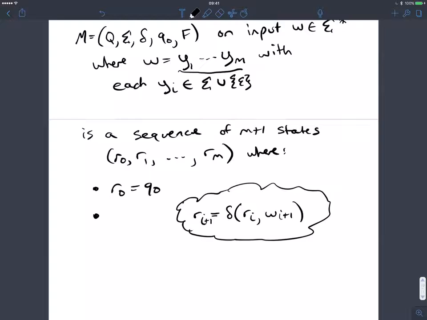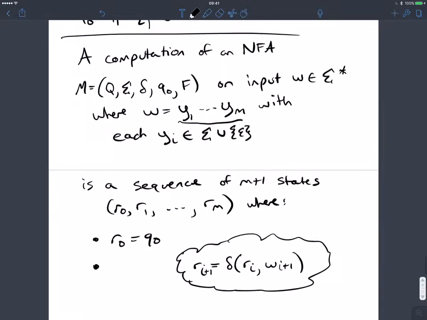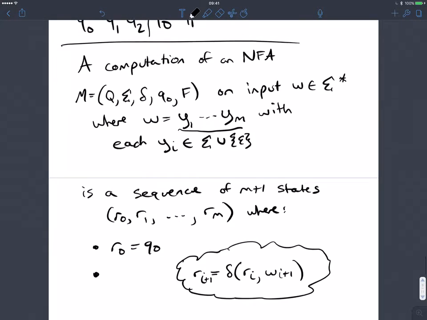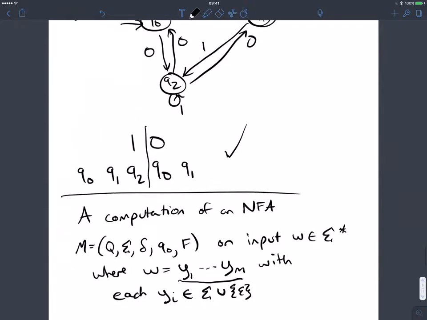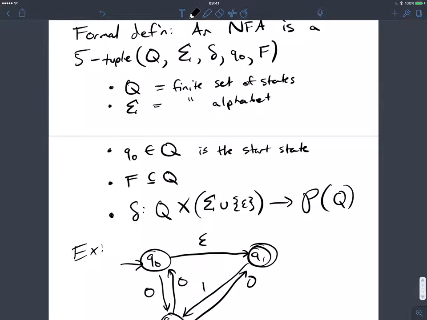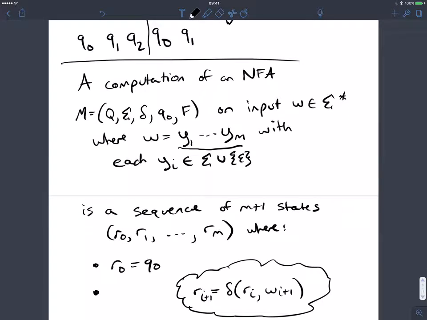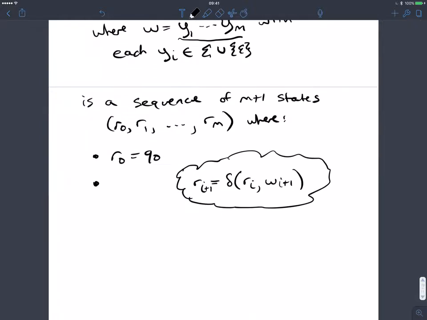It's not deterministic, but more importantly, what does the transition function output? So we'll go back. It outputs an element of the power set of Q, which is a what? Set. Is a state a set? No. So this is clearly not going to work.